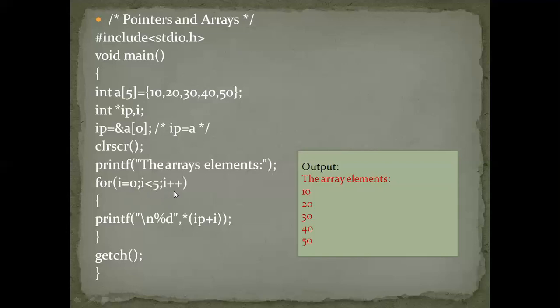When i is equal to 0, it will display a of 0, that is 10, and i is incremented by 1. When i becomes 1, it will display the a of 1 position. What is a of 1? 20, similarly 30, 40, 50. So until the condition is satisfied, it will display all the elements declared in the declaration part within the main function. Understood this? Okay.